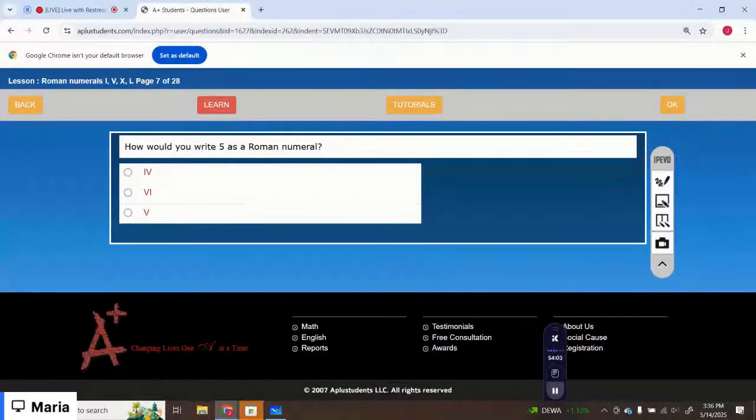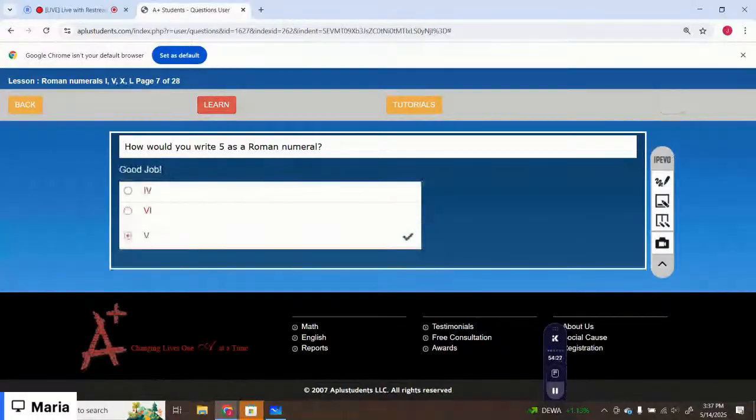How would you write 5 as a Roman numeral? So which is the correct option? That is option number 3.